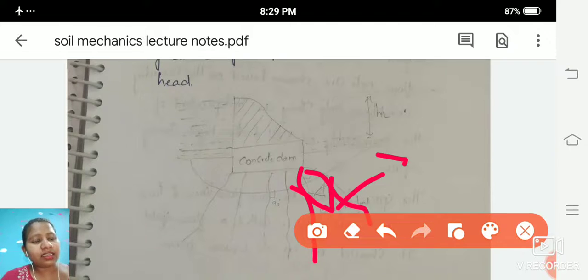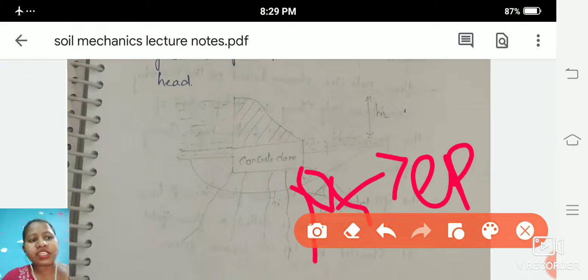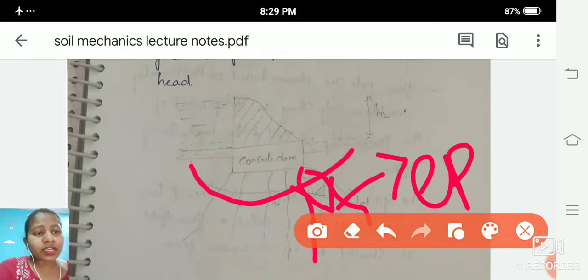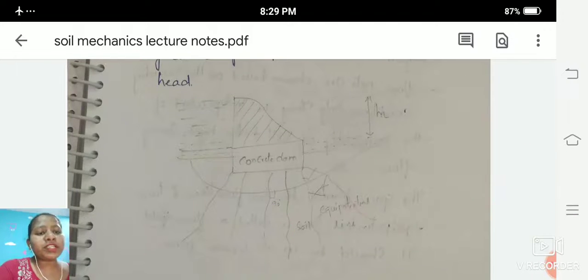This angle is nothing but your equipotential line. The equipotential line joins the two flow lines in the curved path.